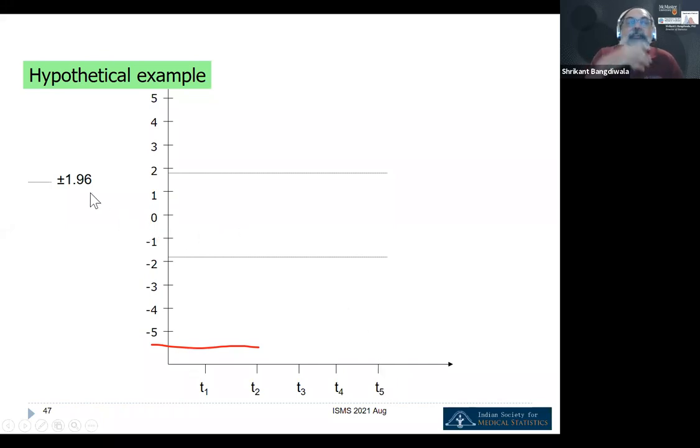So what if I did the test at 0.05 and I had 1.96 as my critical boundary, and the study starts, and after 1 year, this is the Z value I get, fine. Then I continue the study, and because I haven't crossed the boundary, we continue. And the next time, oh my God, it gets to no effect.